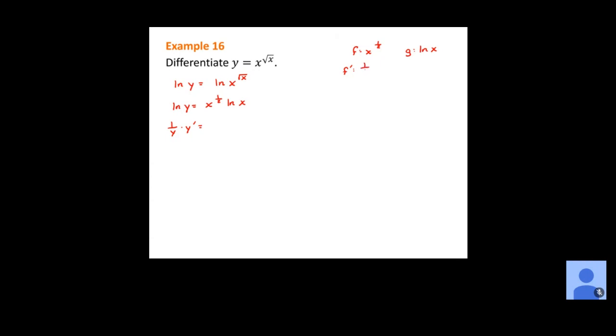Good, 1/2 x to the negative 1/2. And what's our derivative for g? Good, that's just 1 over x.